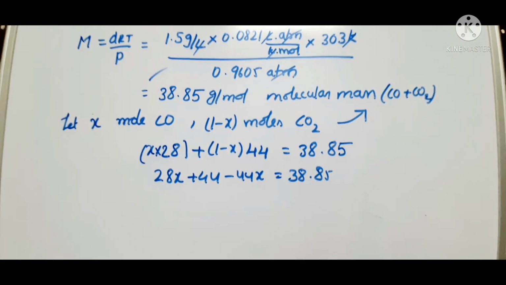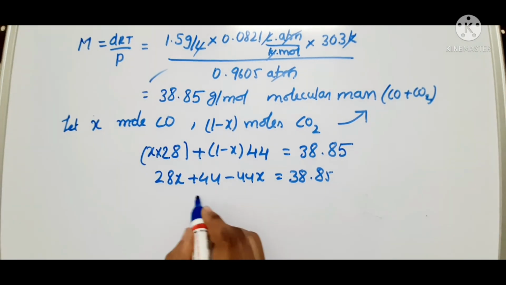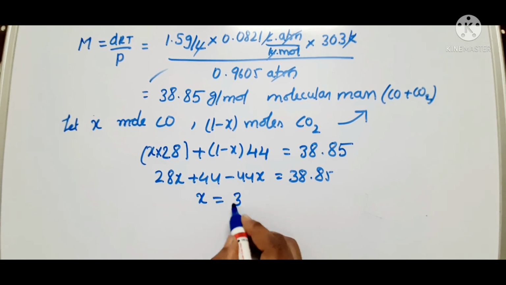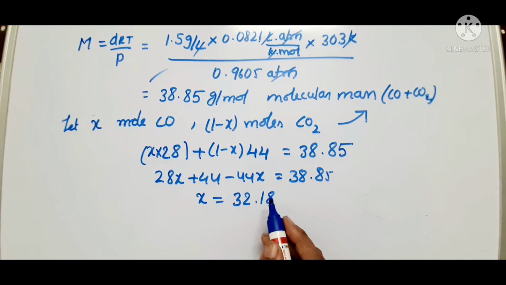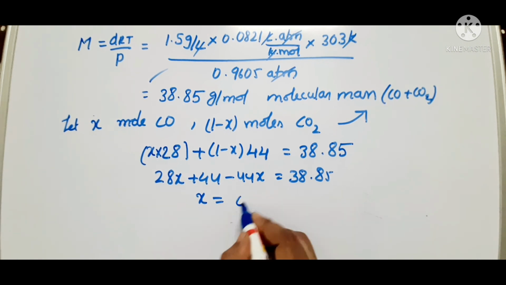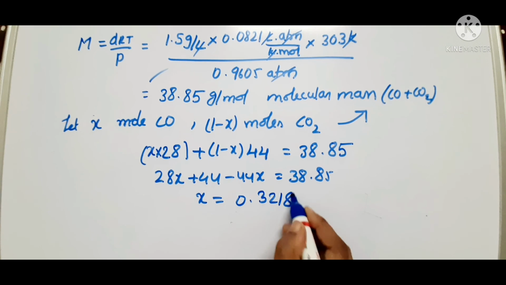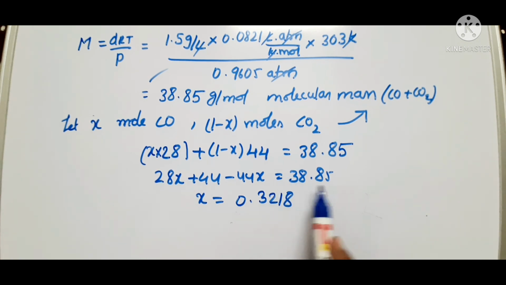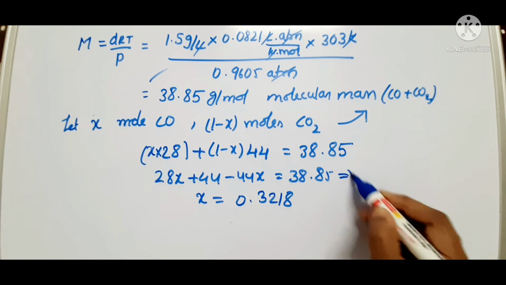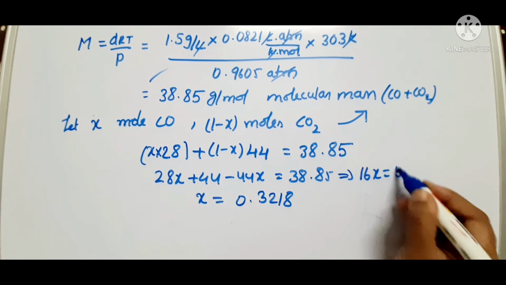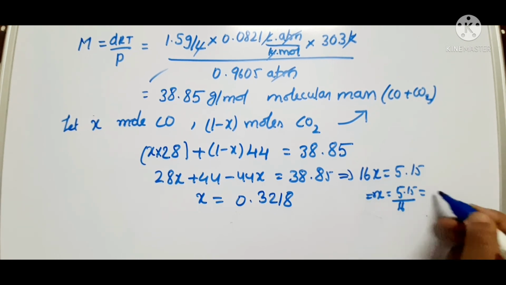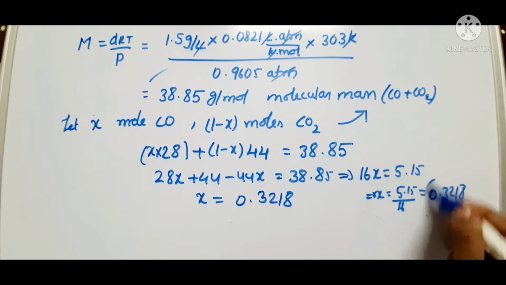When you solve this, 28X minus 44X will be 16X, and 38.85 minus 44 will be minus 5.15. So 16X equal to 5.15, thereby X equal to 5.15 by 16. You will have 0.3218. You got the X value here.